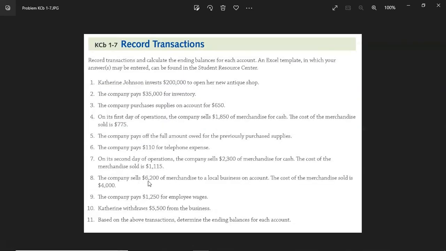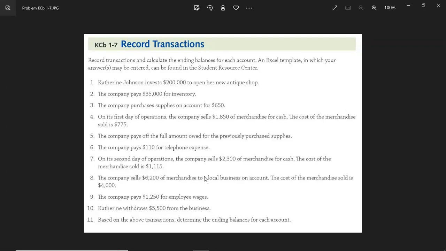Number 8, the company sells $6,200 in merchandise to a local business on account. There is that word again, on account. We sold merchandise on account. Now, up here, when we had that word, we purchased supplies. Here we sold merchandise. So when we purchase something on account, we're doing accounts payable because we owe somebody money.